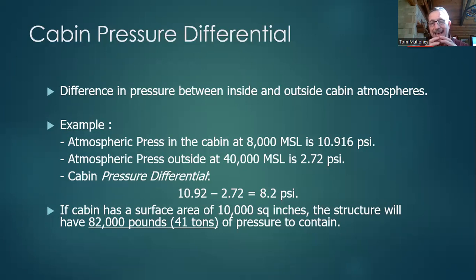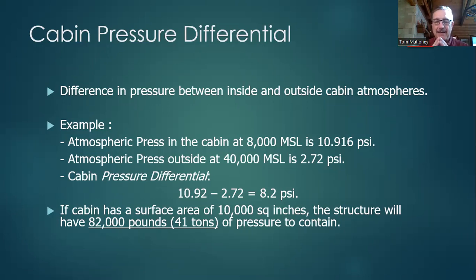So the cabin interior pressure is pushing out at about 8.2 psi. That's how much pressure the cockpit, the flight deck, or the cabin is actually pushing outward, trying to burst the aircraft open.